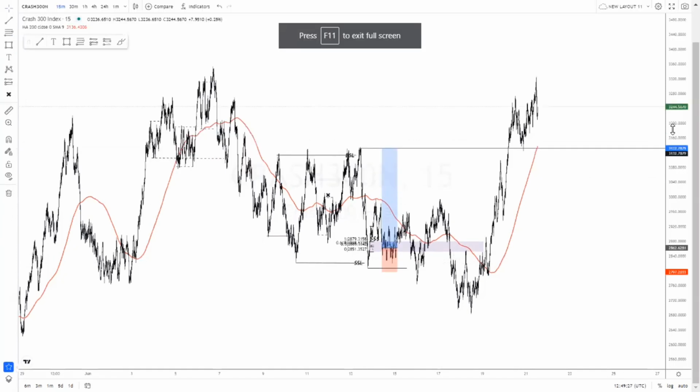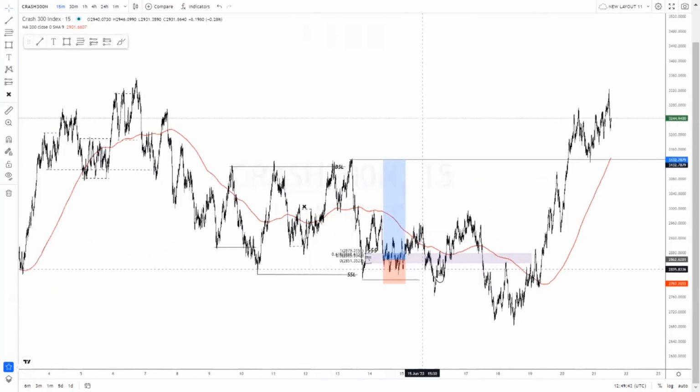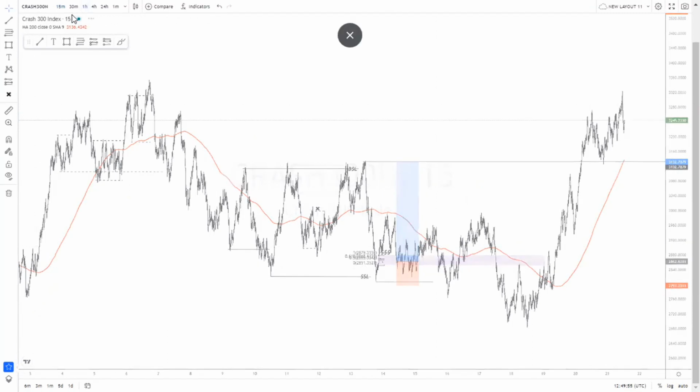Then I need something to give me more confirmation. I'm going to add the 200 EMA to see where it is. If the 200 EMA happens to be where I expect a reversal, then I will go into the trade, because this is the main thing right here: the 200 EMA can act as support or resistance for your trade.